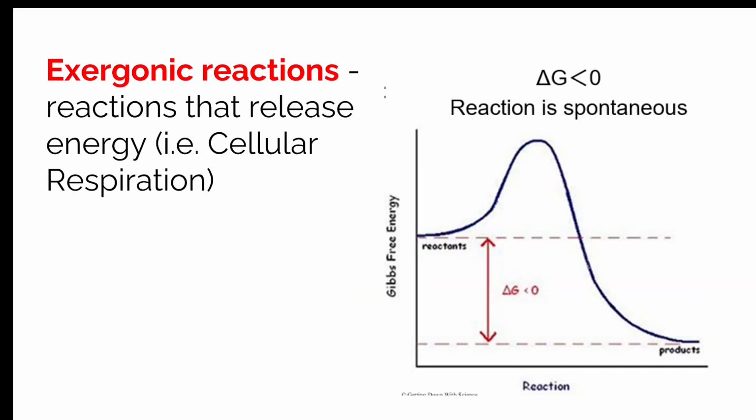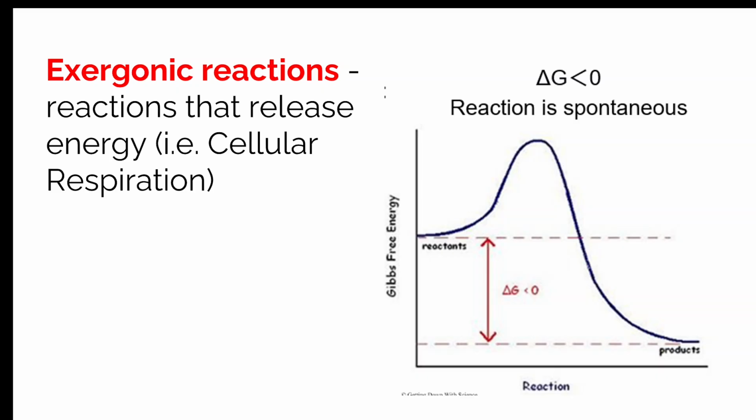So let's talk quickly about the two different types of reactions that we'll see as we progress through this unit. The first type of reaction that we're going to talk about is an exergonic reaction. And again, these are going to be reactions that release energy. Where are we going to see this? We're going to see this a lot when we talk about cellular respiration. Cellular respiration, before we get into the big heavy lecture of it, is basically the process of us converting glucose and oxygen into our energy sources that we use.